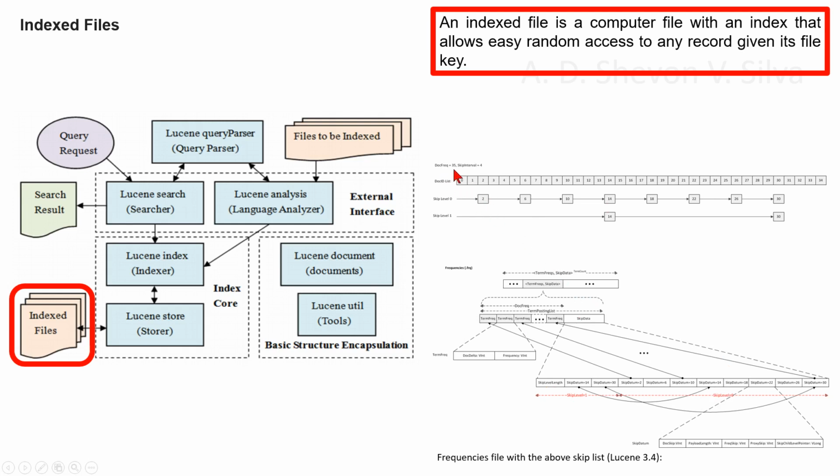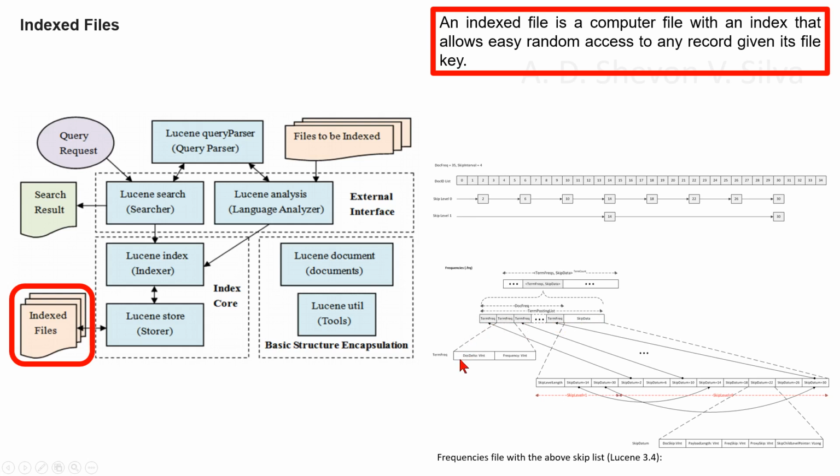Here you can see doc freq 35 and skip interval 4, and this is the doc list, and here skip level 0 and here skip level 1. Here the term frequencies .frq, term freq and skip data, with term count. Here the term freq and skip data, and here doc freq, and this is a term posting list. Here the term freqs are there, and in the end the skip data.